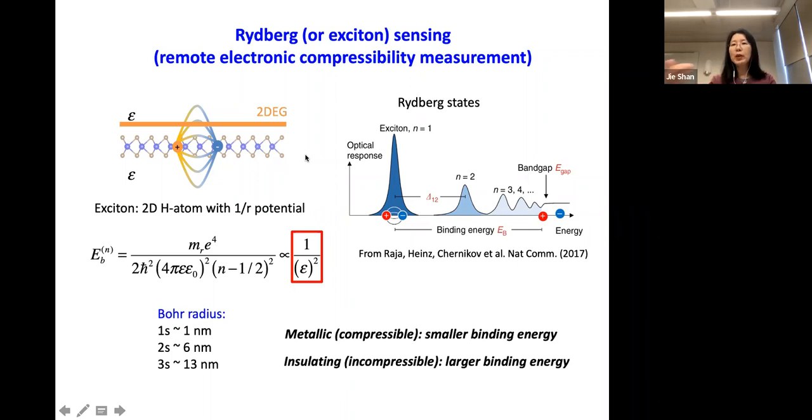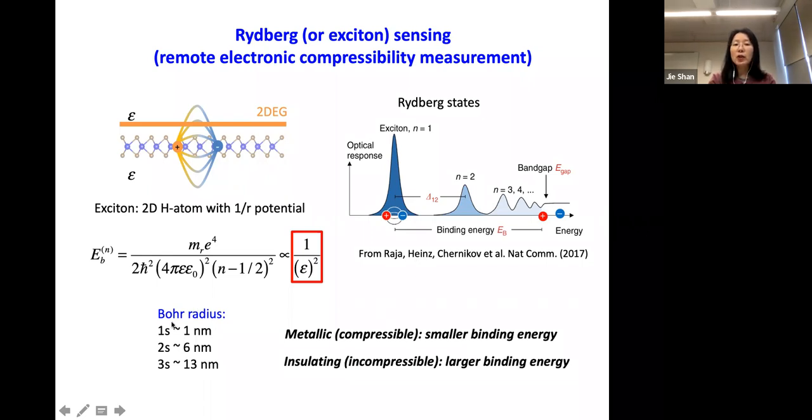Therefore, if I bring a metallic state next to my monolayer of TMD, I will see a very strong screening effect, and that will make the exciton binding energy small and also make the absorption weak. But if I bring an insulator next to my monolayer TMD, I would expect the screening effect to be small, so the binding energy will still be big, and the absorption of this exciton will also be strong.